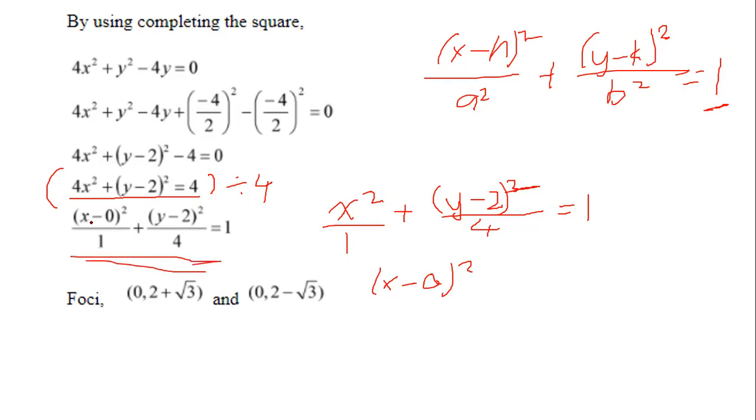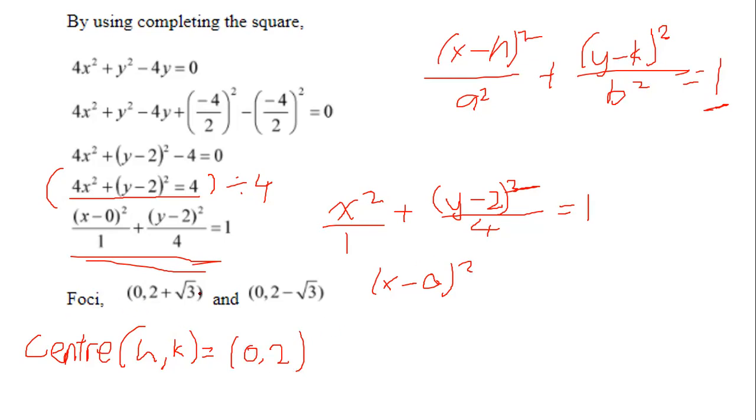We'll get (x minus 0) squared plus (y minus 2) squared over 4 equals to 1. And the center is (h, k), so equals to 0, 2. Okay, understand, 0, 2.